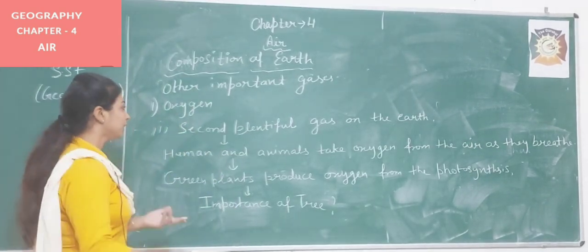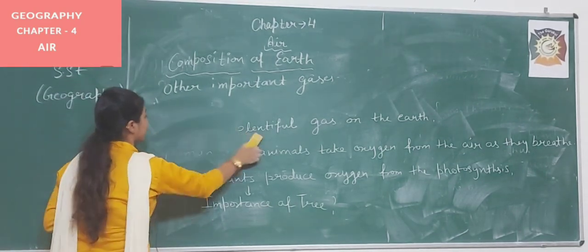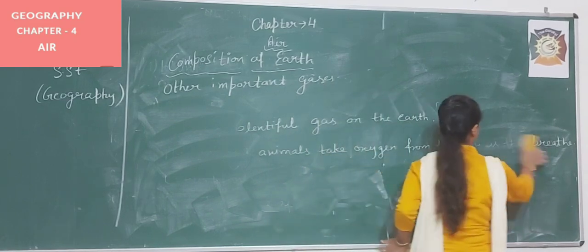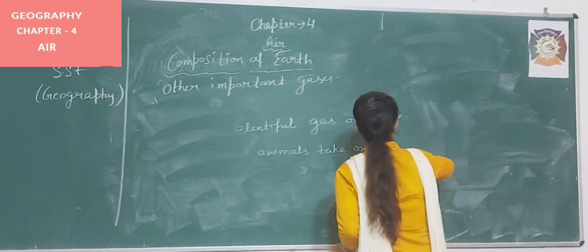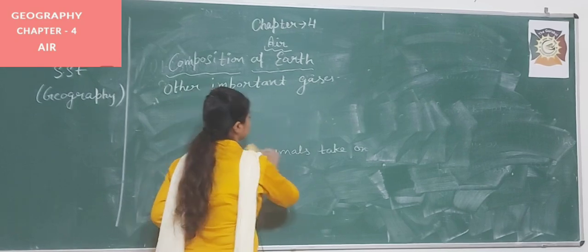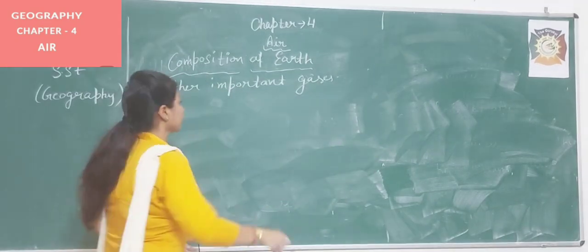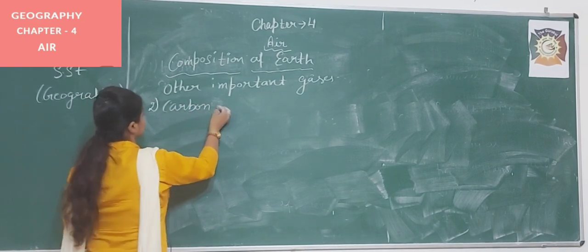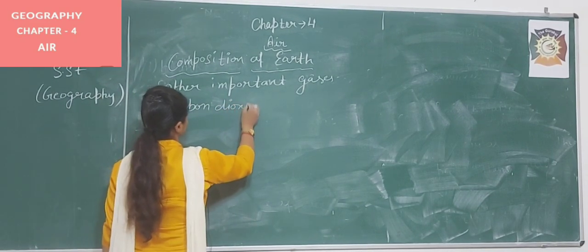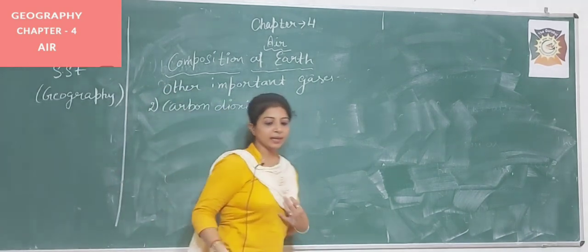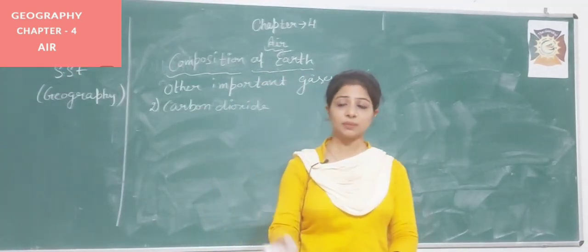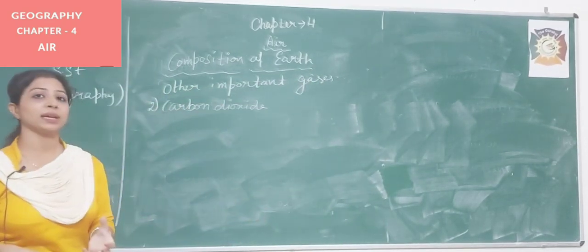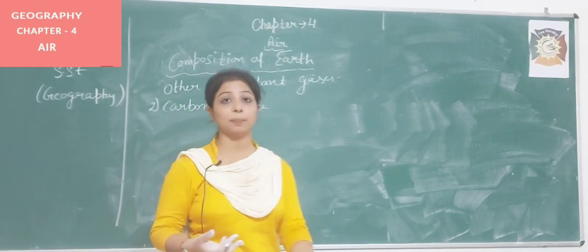Okay, so the next important gas is carbon dioxide. Second is carbon dioxide. We can say carbon dioxide is used for making the food of the plants.